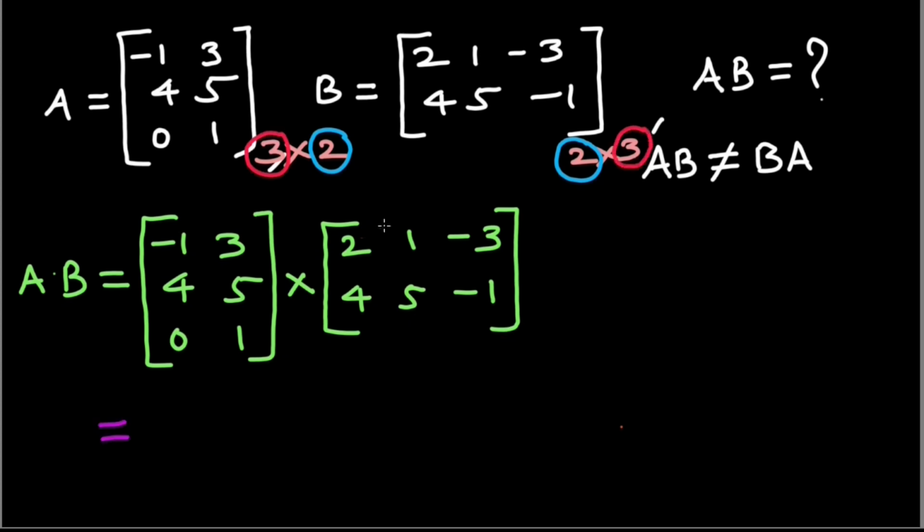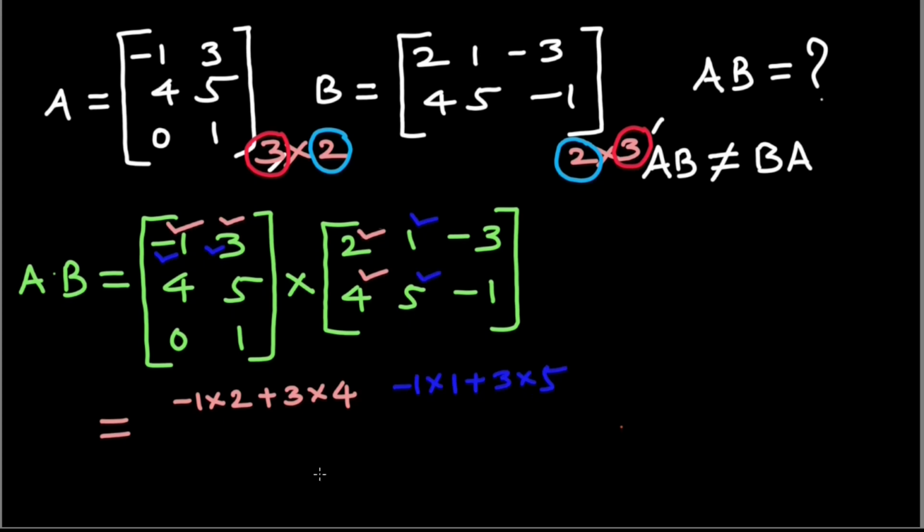We will multiply columns of the post matrix by the rows of the pre matrix. So AB will be -1 multiplied by 2 plus 3 multiplied by 4. That forms the first element of the resulting matrix. Next, -1 multiplied by 1 plus 3 multiplied by 5. That forms the second element. -1 multiplied by -3 plus 3 multiplied by -1.